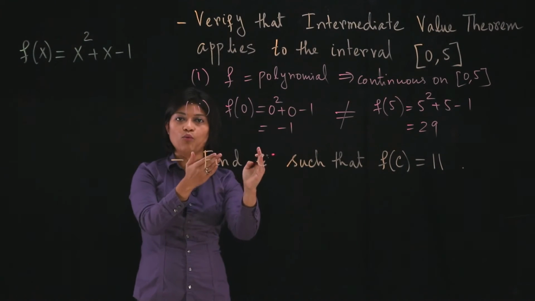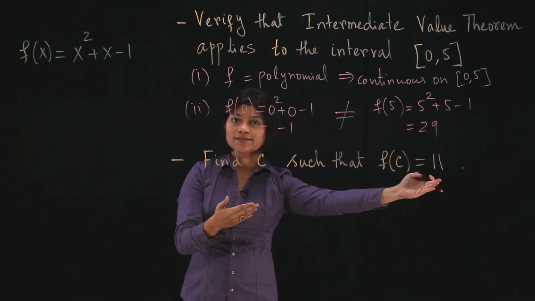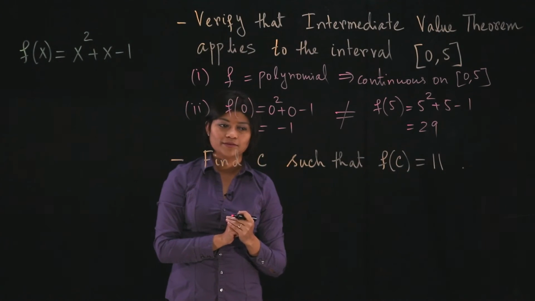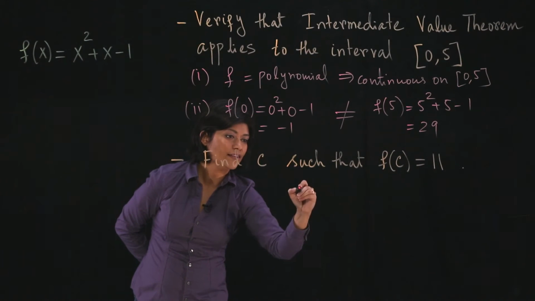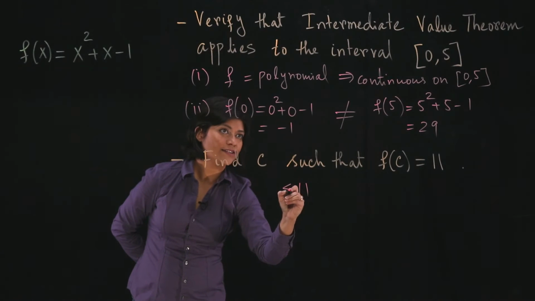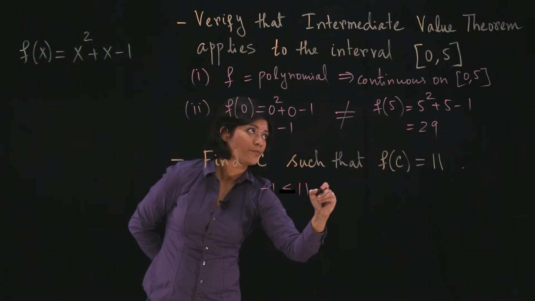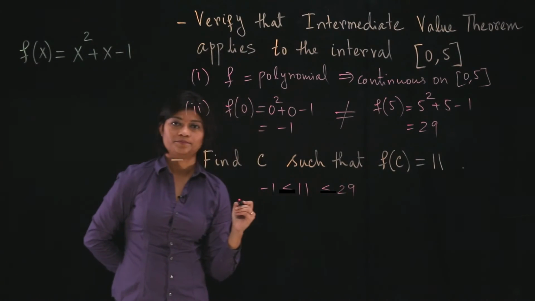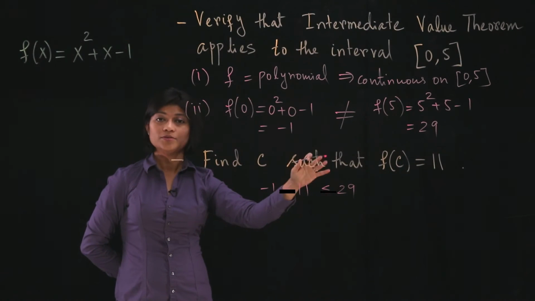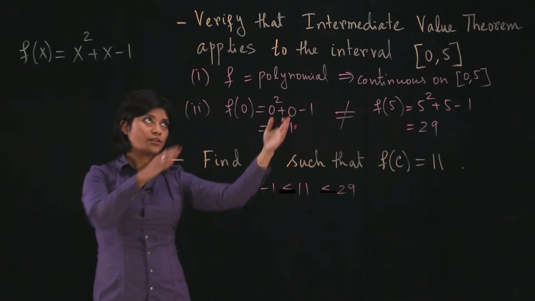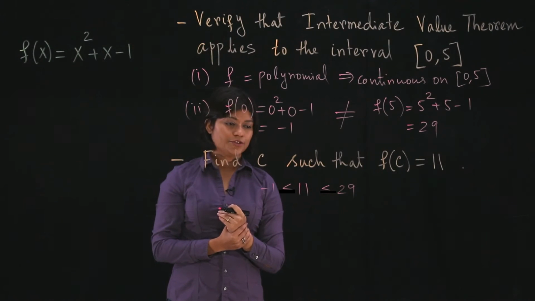So we have to figure out what c will give us that value 11. So note that 11 definitely lies between negative 1 and 29. So we can use that value to conclude our conclusion for the intermediate value theorem.